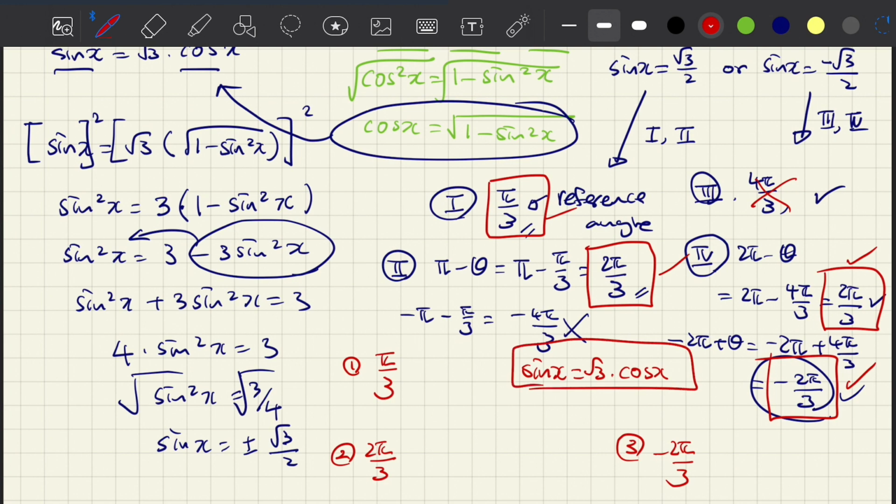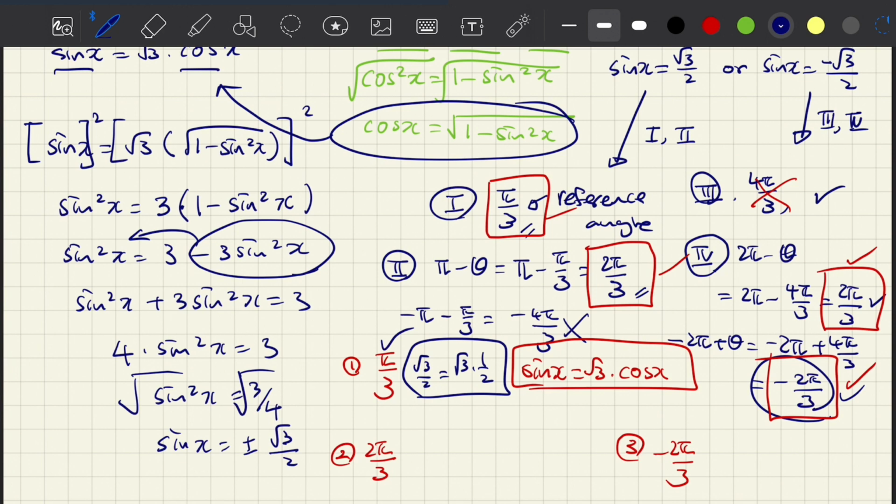Okay. Then we know that sine pi over 3 is the same as square root 3 over 2, right? And square root 3 times cosine pi over 3 is the same as square root 3 over 2, so they're equal to each other. So this is a correct angle that we can use.